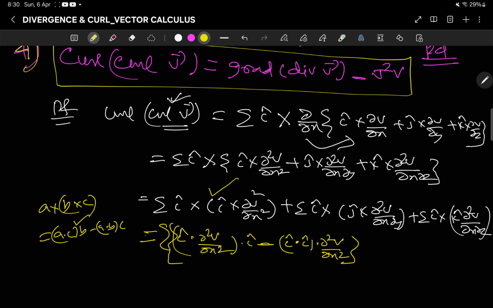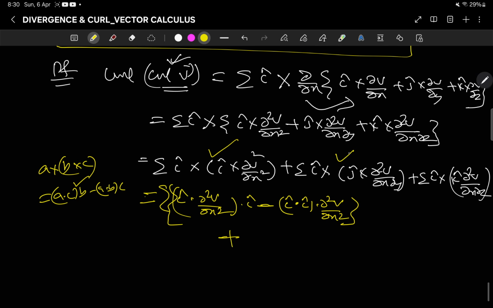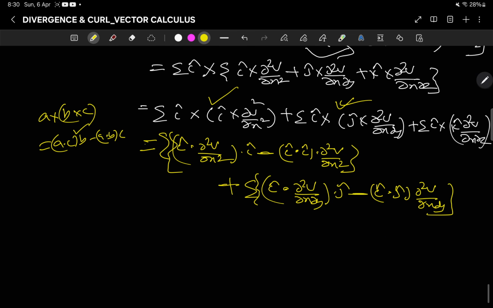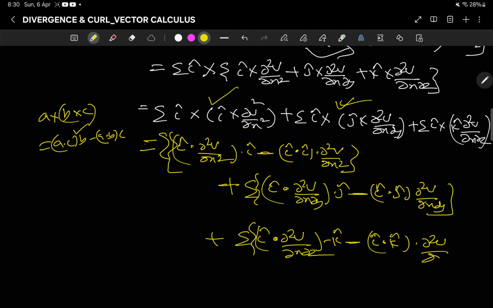So this is out of the first summation, and the second summation will give summation of I dot del square V by del x del y dot j minus I dot j del square V by del x del y, and likewise the third summation will give summation of I dot del square V by del x del z dot k minus I dot k dot del square V by del x del z.